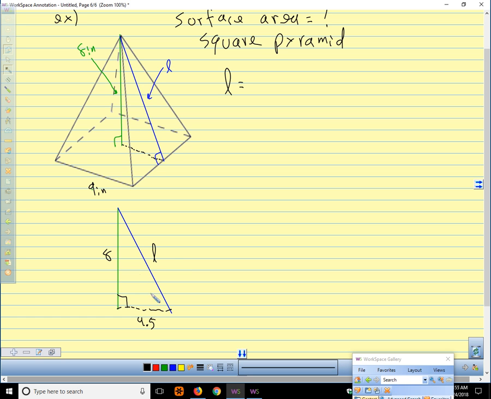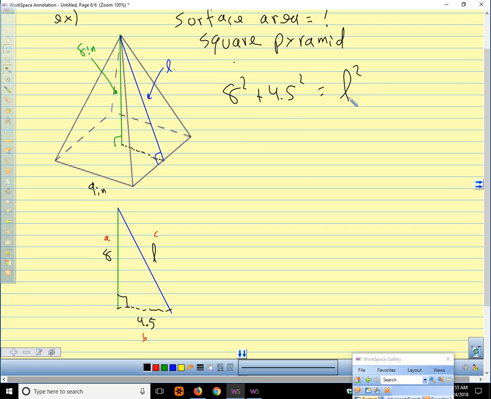So what are we going to do here to figure out our slant height? Pythagorean Theorem. So I'm going to say L squared. This is A. This is B, and this is C. So let me erase that. I'll write it in the order that we're familiar with, and then I'll change it around. 8 squared, A squared plus 4.5 squared equals L squared.